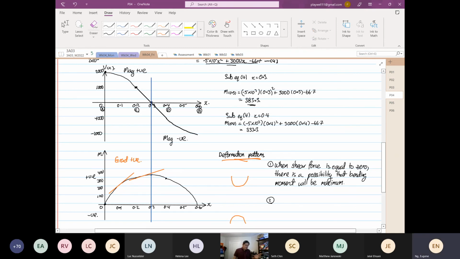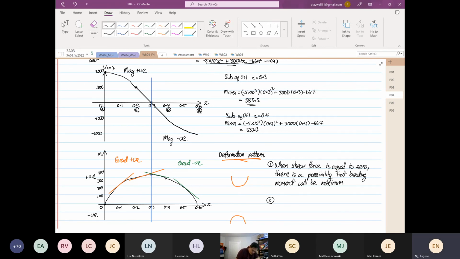And then if you look at 0.3 to 0.6, the gradient is always negative. Can you see that? So there's a trend down here.